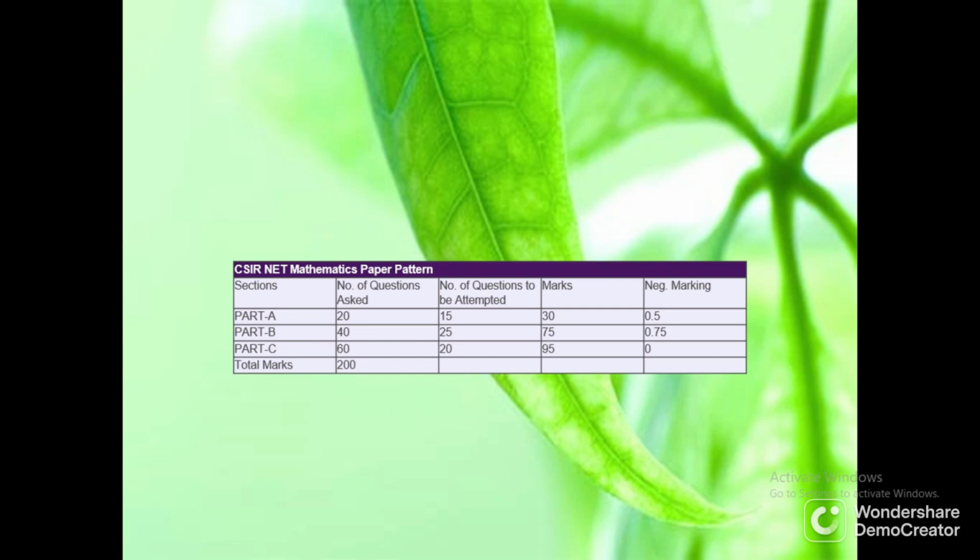Part C: 60 questions, attempt 20, marks 95, no negative mark. This table gives a clear idea of the number of questions in the paper, how many to attempt, marks allocation, and negative marking. This table is very important for NET exam candidates.